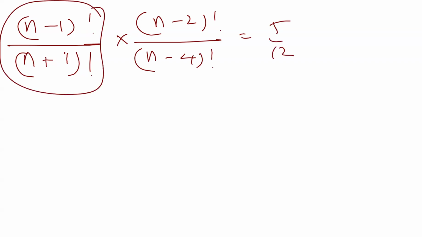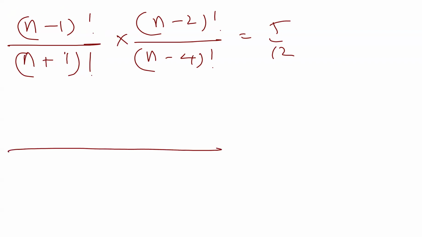Out of these two terms, which is the bigger term? Obviously, it is n plus 1. You can take the value of n as 10 and then proceed. So this is going to be 11 and this is going to be 9. So n plus 1 is the bigger term. So reduce the bigger term.